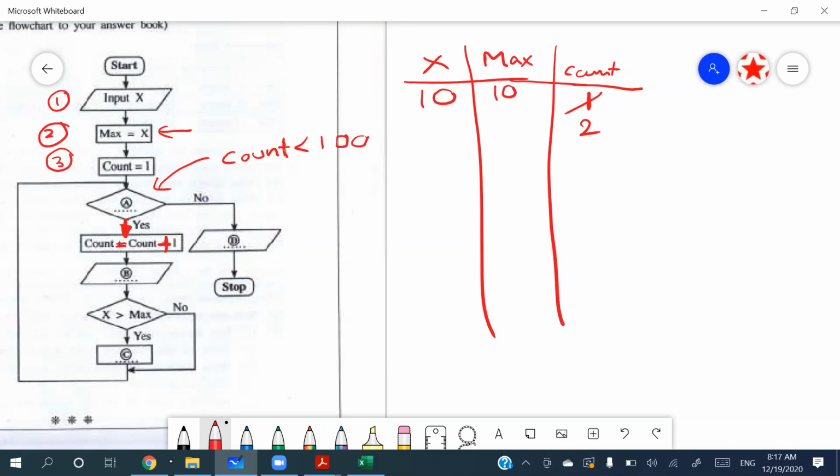Now after that, it is comparing with the max. So now first number is given 10 and it is being equals to the max again. So the maximum value so far we have is the 10. So if there is an input box, that should definitely be to take the other number, because we have to take 100 numbers. So inside the iteration, you should have a place to take the numbers.